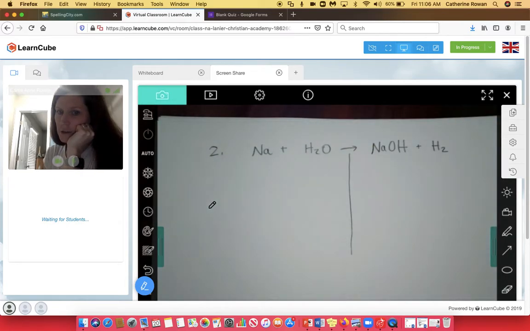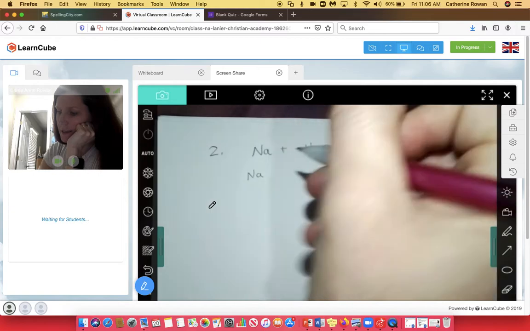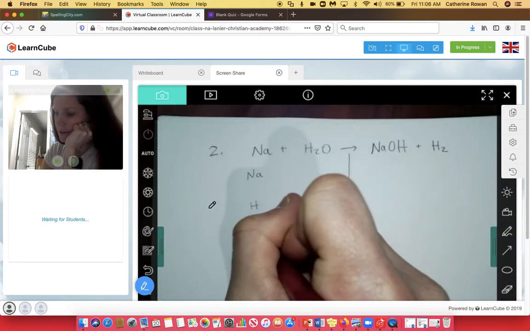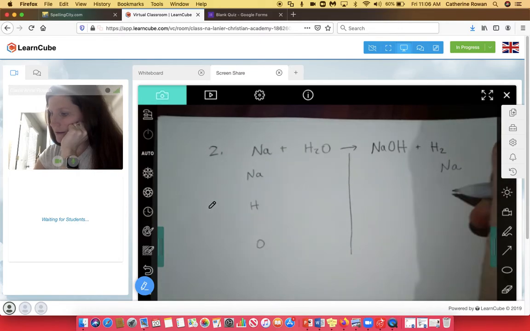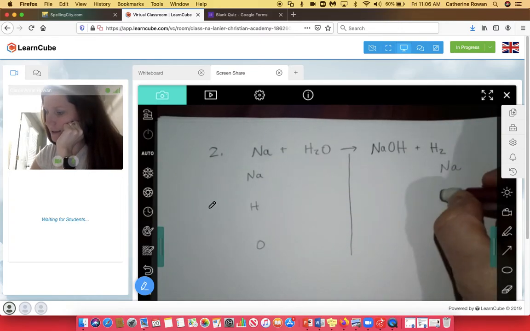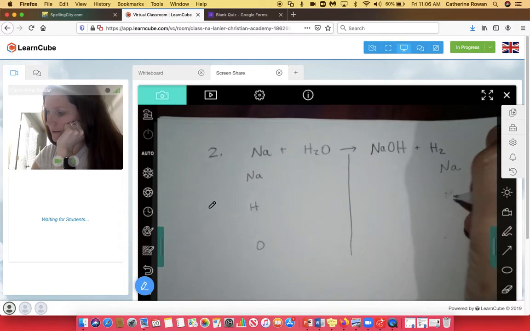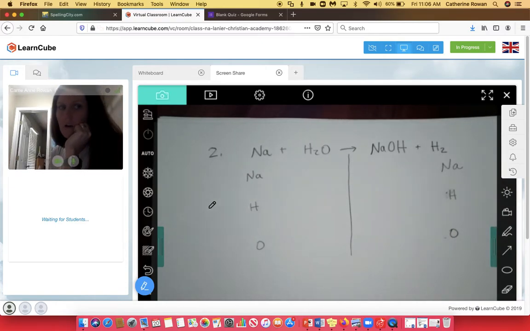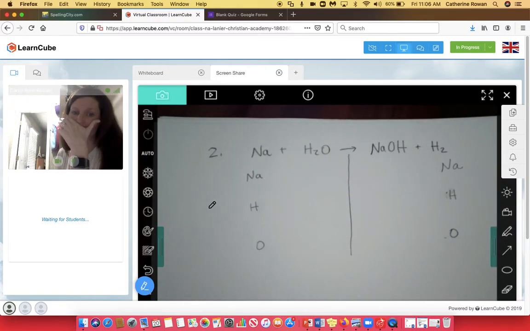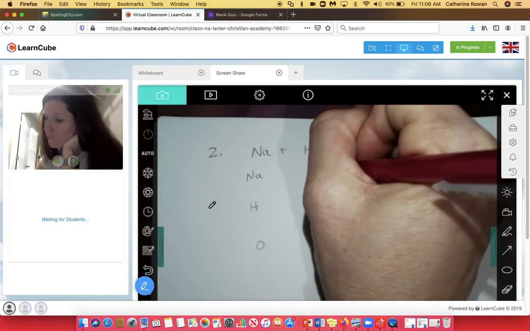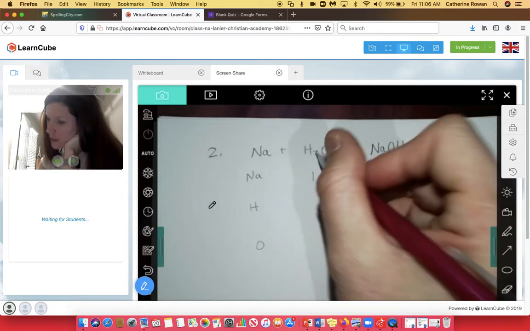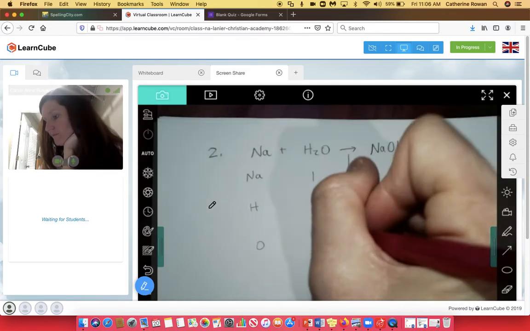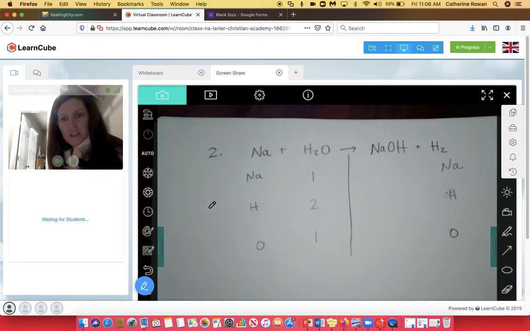So I'm going to set my problem up so I can see each of the different elements. Oops, we'll do H next. Okay, so we are going to have 1 atom of sodium, 2 atoms of hydrogen, and 1 atom of oxygen.